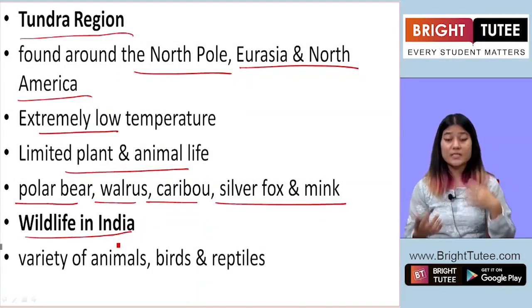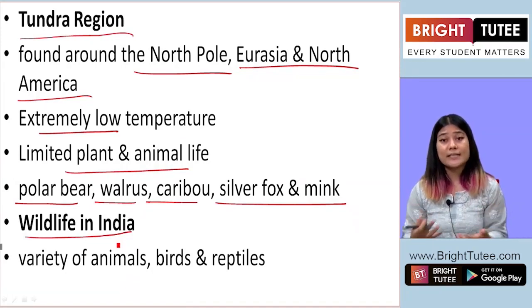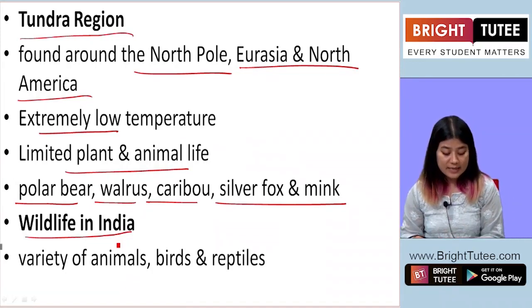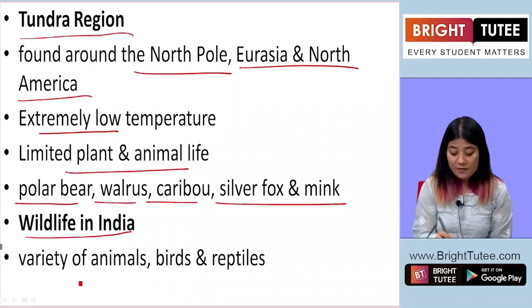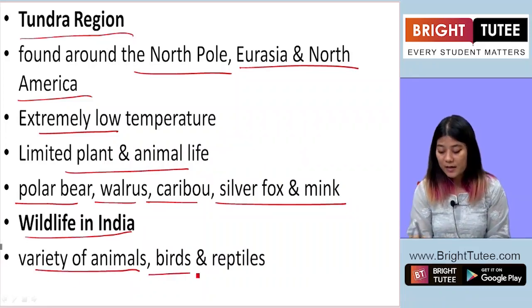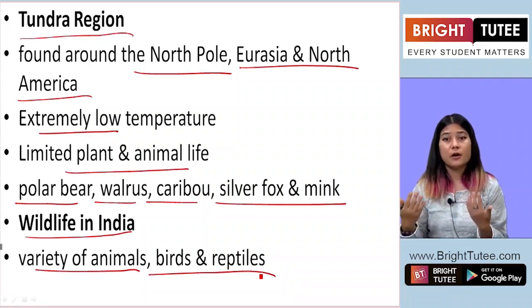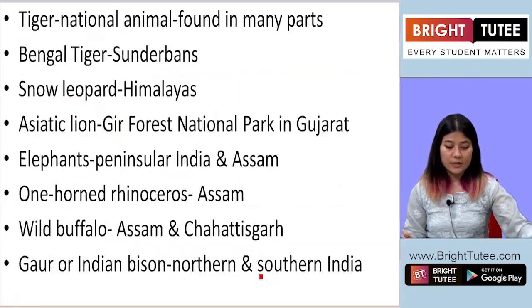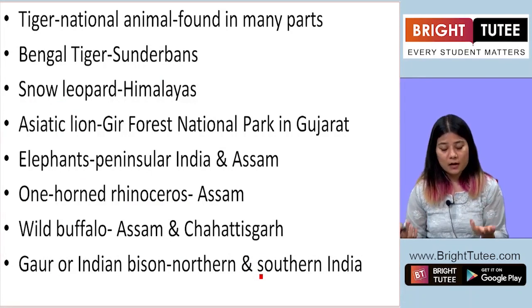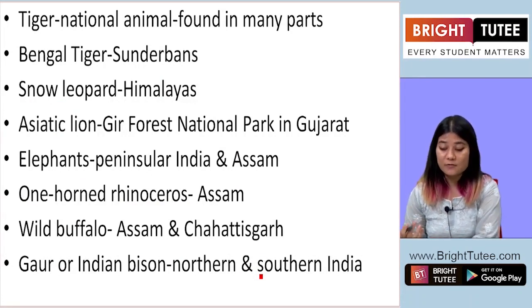Now let's look at the wildlife which is present in India. Okay, what are the animals and what kind of animals live in India? Now in India we find a variety of animals, birds, and reptiles. There are diverse kinds of animals and birds which can be found in India. Okay, tiger is one of the animals found in India.